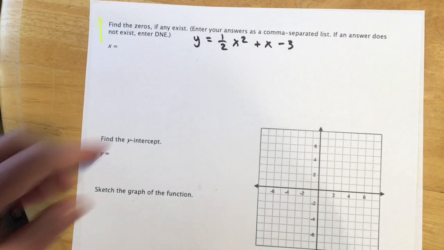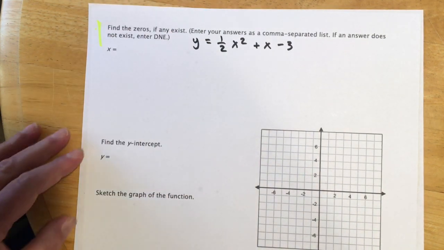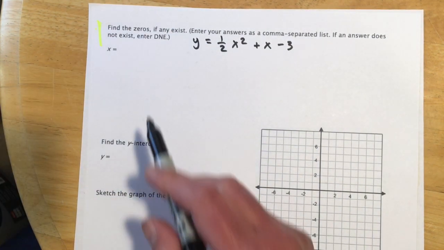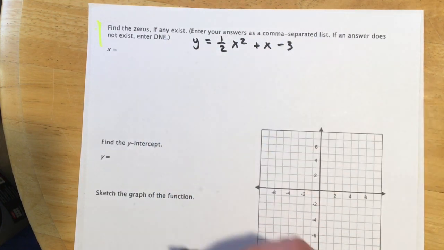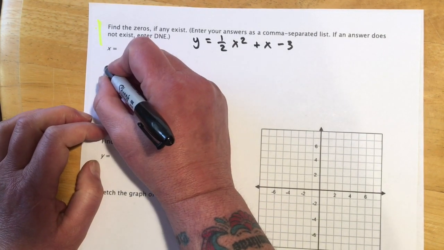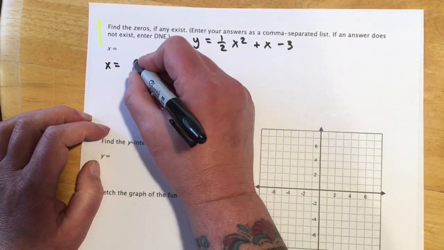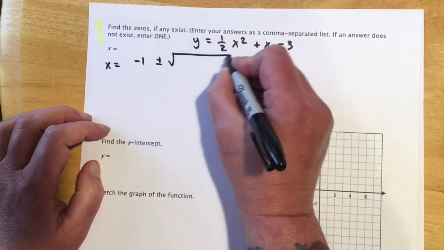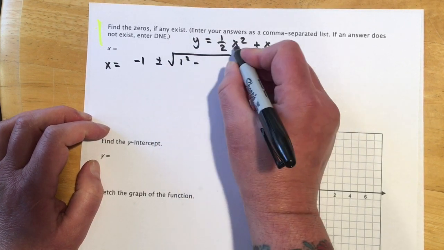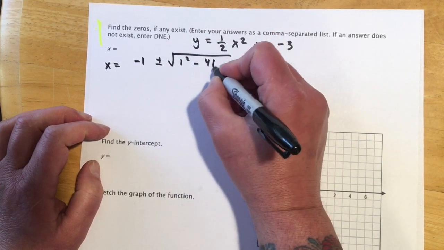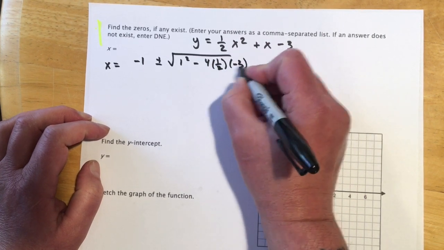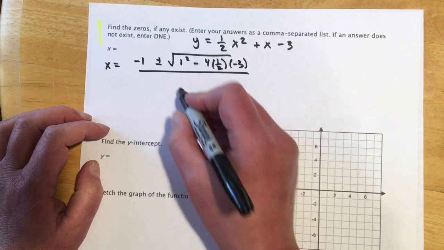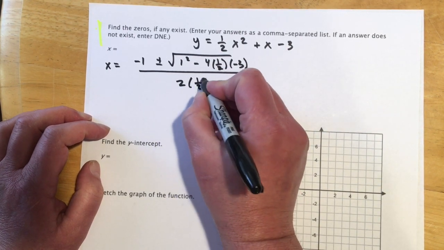So this is still question 3, and I just copied the equation to this next page so I can reference it. Find the zeros if any exist, and your answer is a comma-separated list. So if I try to do that, I will have x equals negative b, so negative 1 plus or minus the square root of 1 squared minus 4 times a is the 1/2 times c is negative 3, all over 2a.